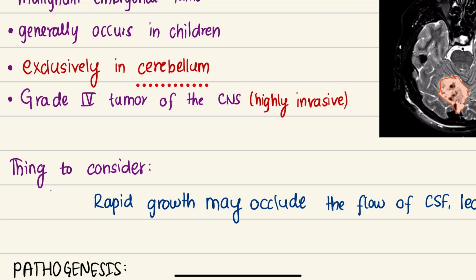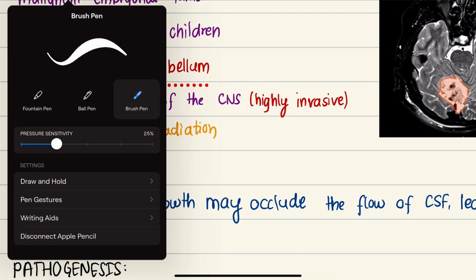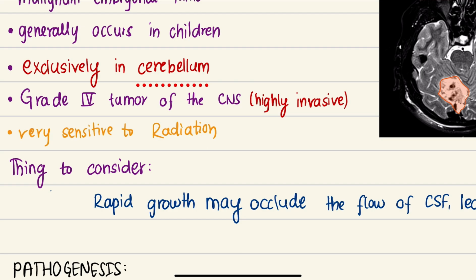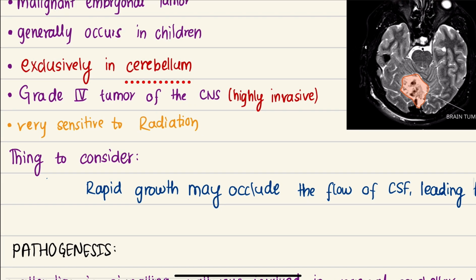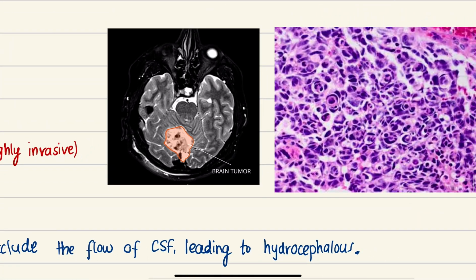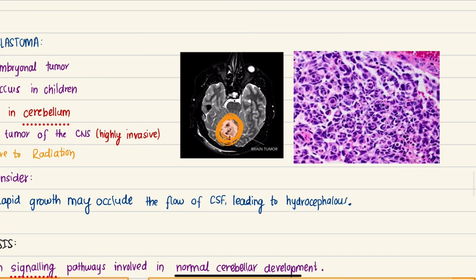But one thing to be noted, these are very sensitive to radiation, so chances of curing are quite high, despite us dealing with a lot of problems. This is the section of the brain where medulloblastoma occurs. So these are the brain tumors.